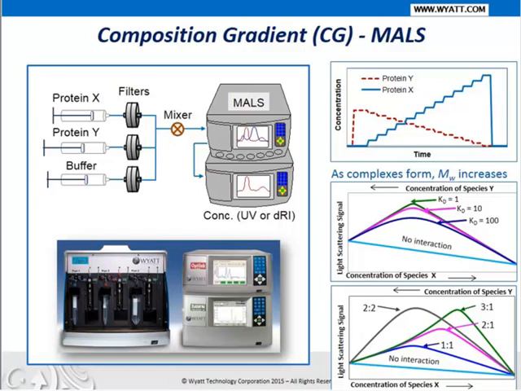The flow rates of the syringe pumps are programmed to deliver a mixed solution at the desired composition and concentration into the light scattering and concentration detectors. After each of such injections, the flow rate is stopped to let the solution reach equilibrium inside the flow cells for simultaneous MALS and concentration measurements.